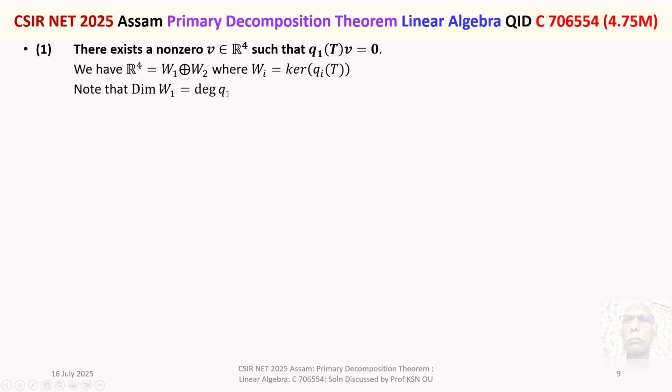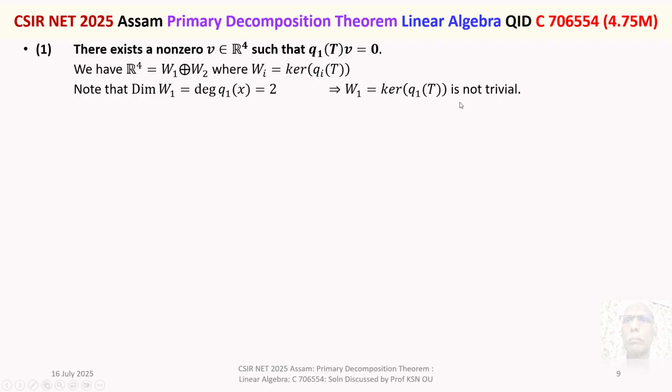Note that the dimension of W1 is the degree of Q1 of x, that is 2. So when the dimension is 2, its kernel W1, equal to the kernel of Q1 of t, is not trivial.